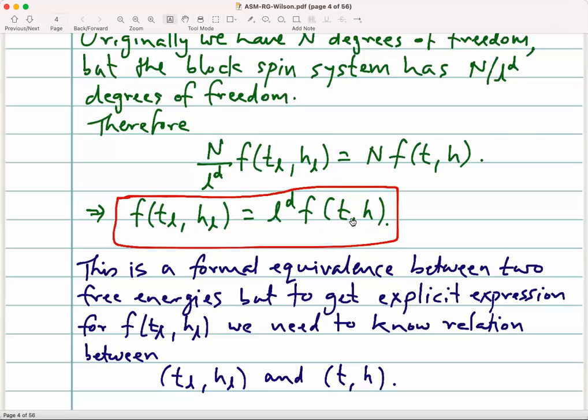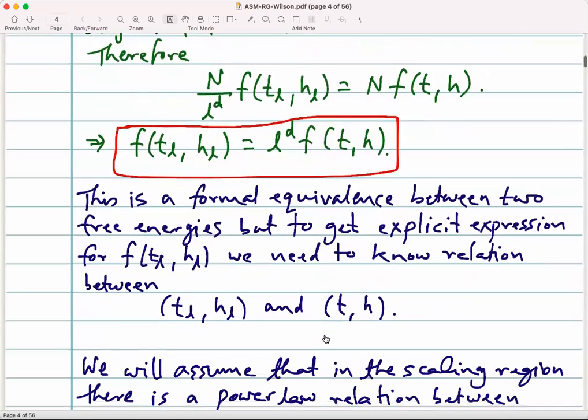Since we are in the scaling region, we would assume that T_L and H_L are related to T and H through some power law dependence on the scaling that we did. That means L to some power times T would be T_L, and L to some other power times H would be H_L. We want to ask how this equation is realized when you do a scaling of this type.